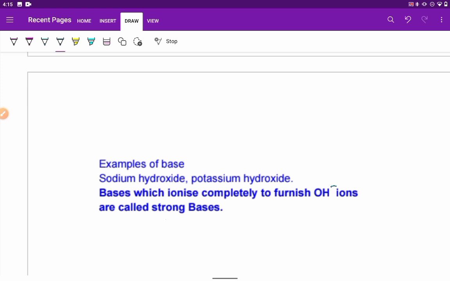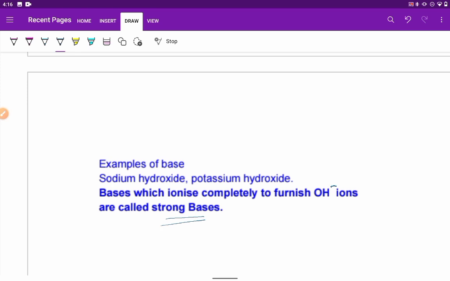Then they are known as strong bases. Because as I just told you, all the bases do not ionize to the same extent. Those which ionize completely to furnish OH minus ions are called strong bases. So I hope students you all could understand this much.